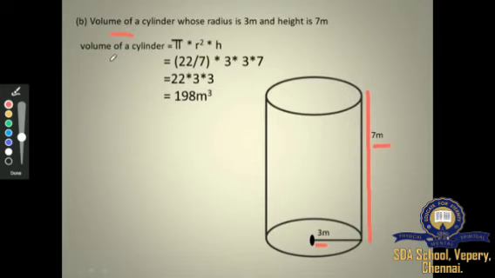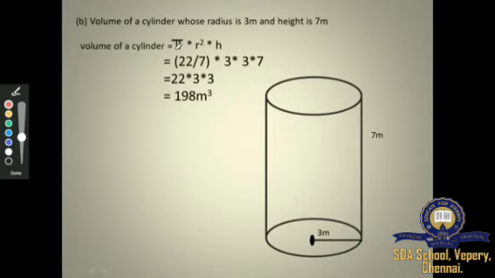We know the formula to find the volume of the cylinder: pi into r square into h, where r is 3 meter and h is 7 meter. We have to substitute in the formula in order to find the volume.